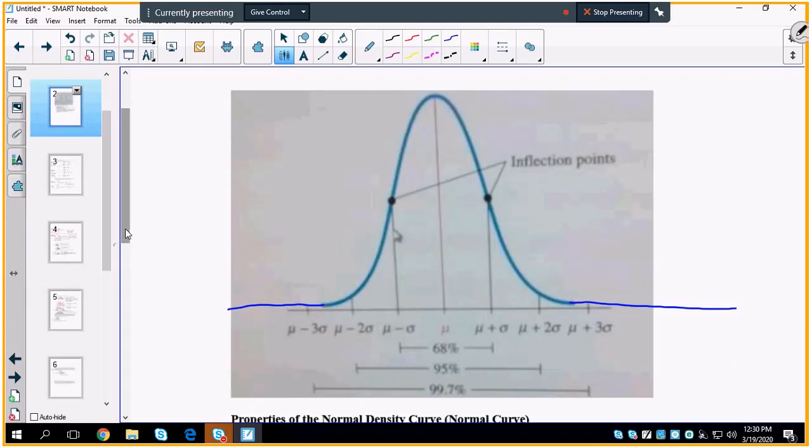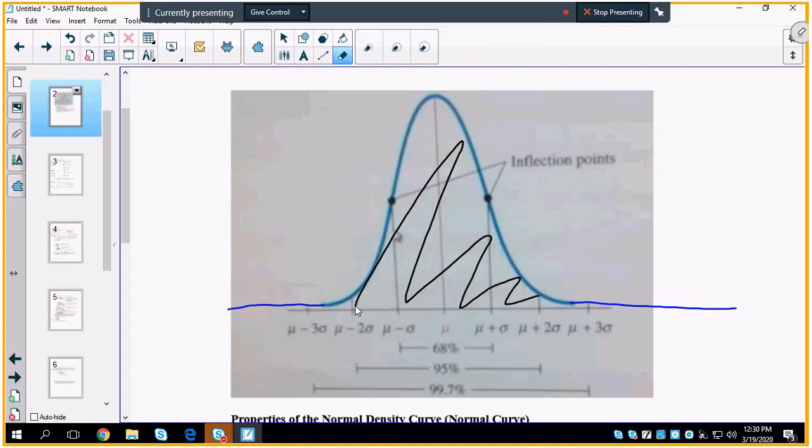So that is from here till here. All of that is 95. So on the right hand side only, if I discard this portion, you have half of 95%. So it is 95 over 2.